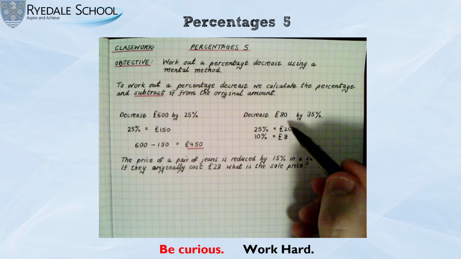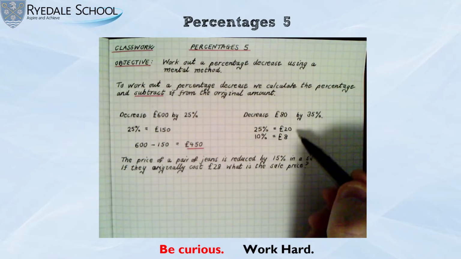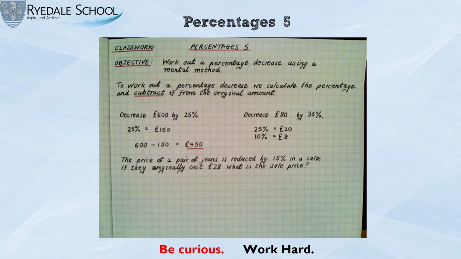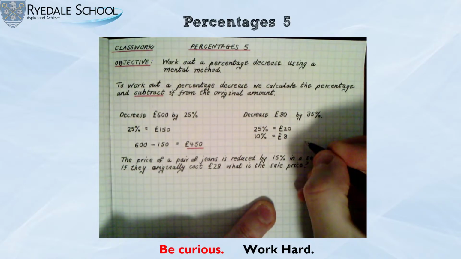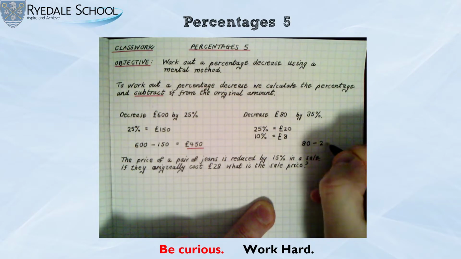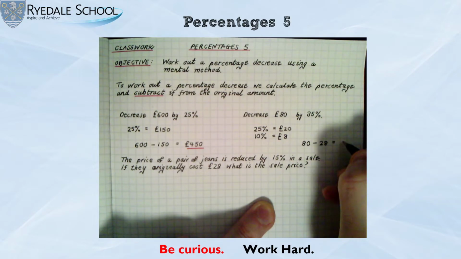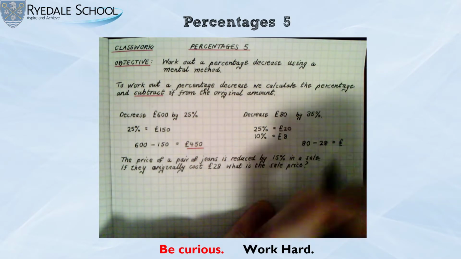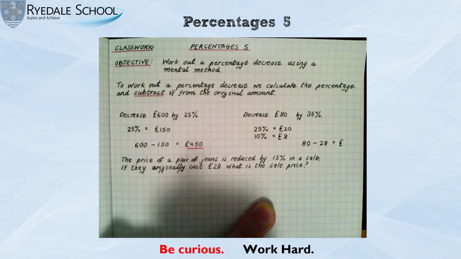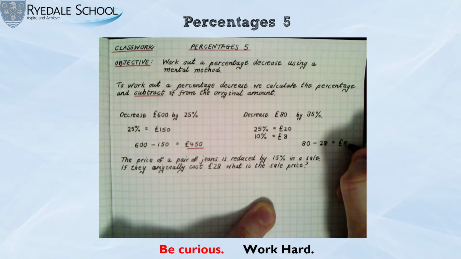So collectively, my 35% is £28. So I need to subtract that from the original. And when I subtract 28 from £80, that sounds like £52.